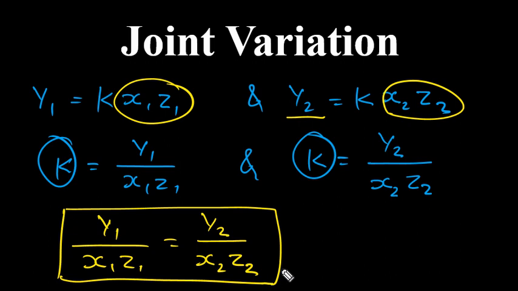Now how will we solve? Let's see an example. Remember this, it is important. The first question: y varies jointly as x and z, so y equals k x z.